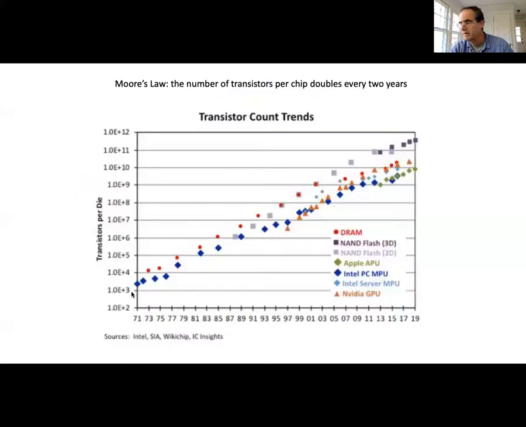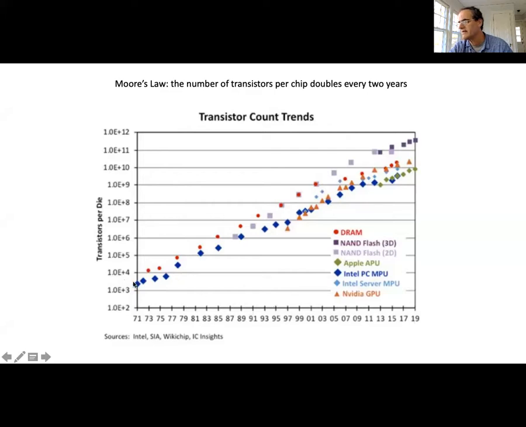Okay, well, now I wanted to show you this graph. This is one of the most famous examples of exponential growth around. It shows the number of transistors per die, roughly the number per chip, manufactured at different times, starting in 1971 up till the present day. Well, this graph only goes till 2019.